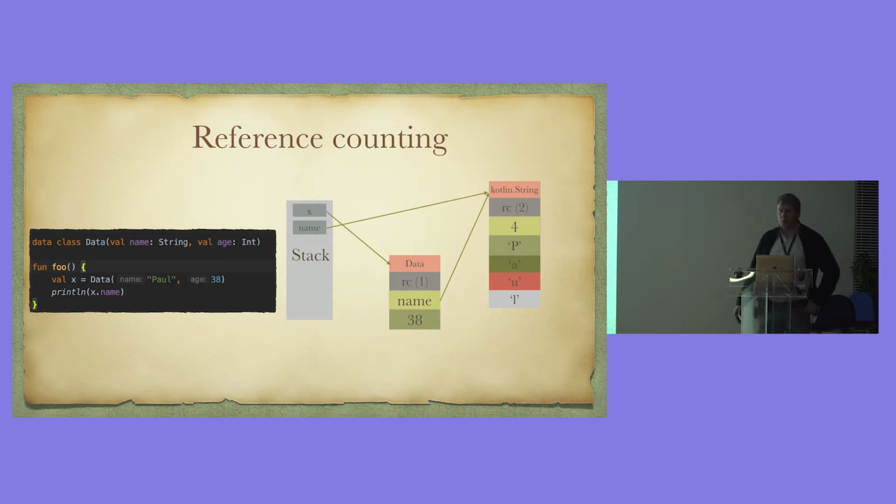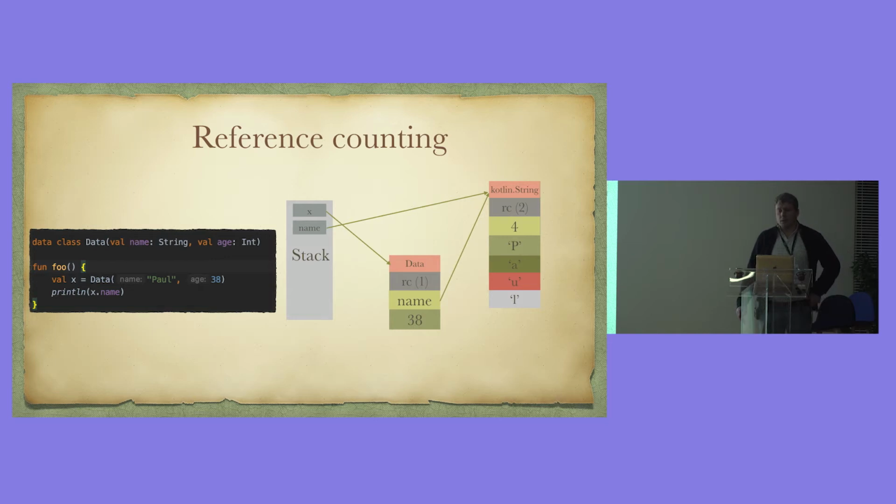For the runtime, we have an execution stack, which keeps object slots. References to objects are stored on the stack, so when we create an instance of Data, we have a slot referring to an instance of Data, and it has a reference counter of 1 because there is only one reference to it from the stack.